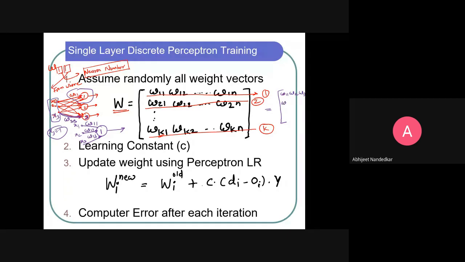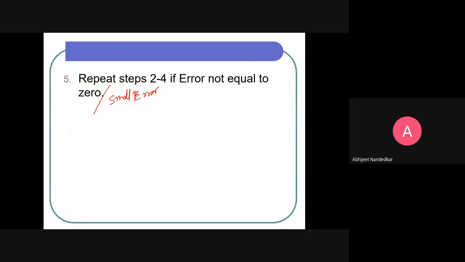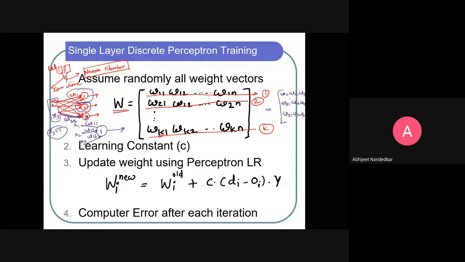Then for the second neuron, I will write W21, 22, 23, then 31, 32, 33. So this is my W matrix for this circuit.